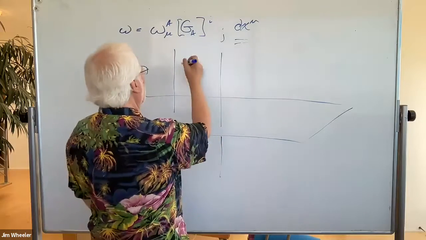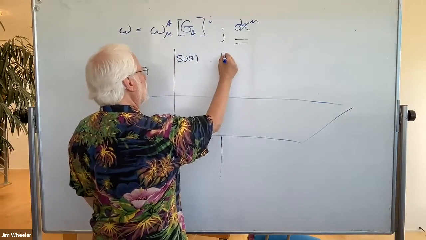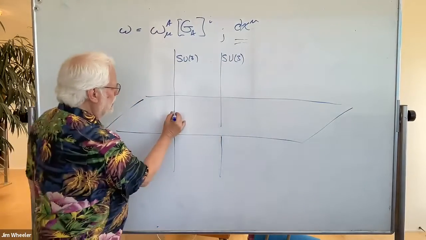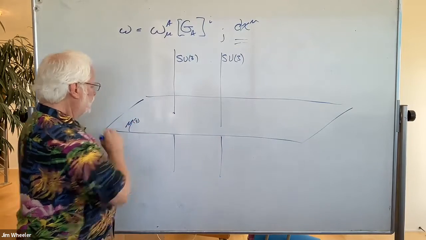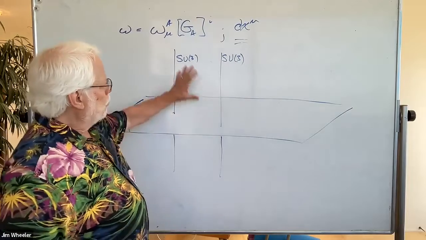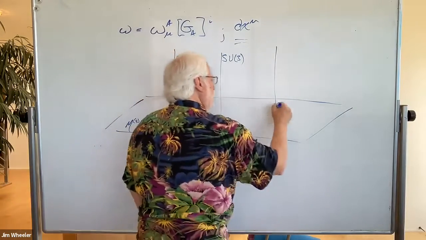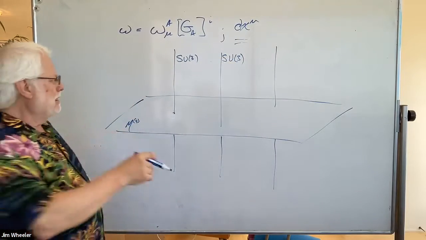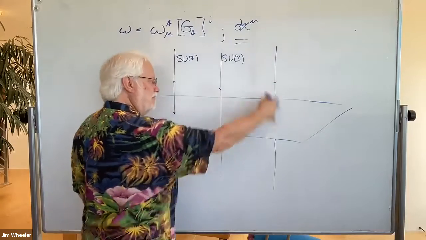So these lines represent, let's say, SU3. So at each point of the space-time manifold, some four-dimensional space-time, Minkowski space here, we have a copy of the gauge group. So what choosing a gauge amounts to is picking a point on each of these fibers.